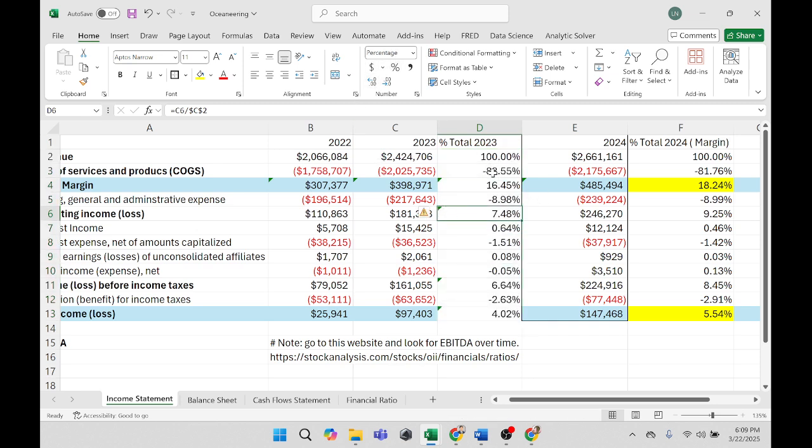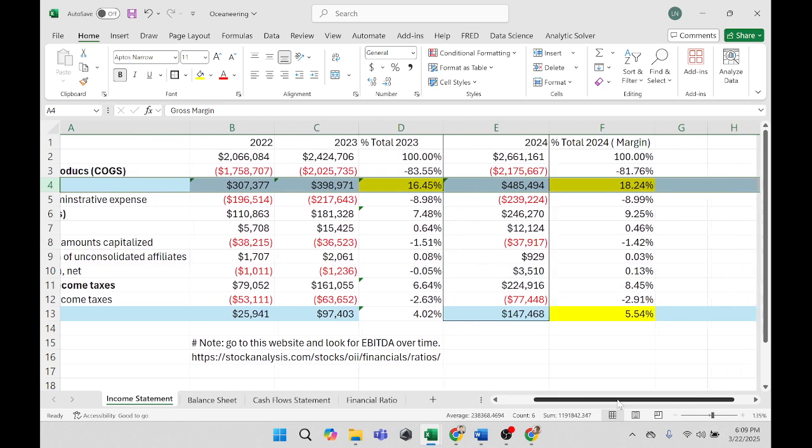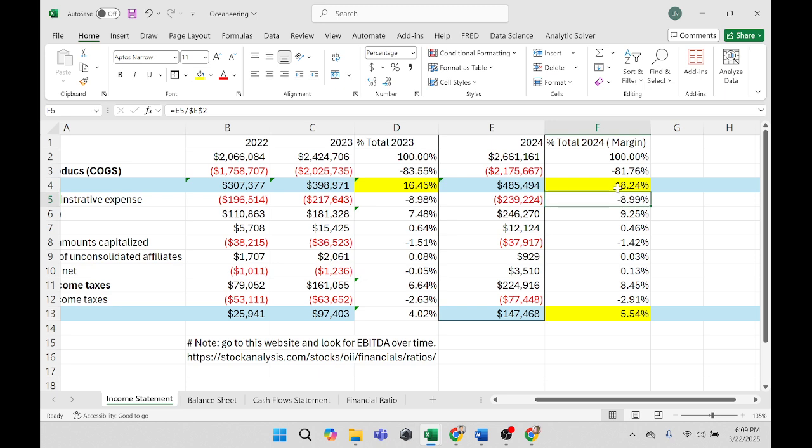Go. You can see right here that the gross margin is growing, which means that in 2024 you're retaining more revenue after you subtract the cost of providing your services and products. So it's a good thing.